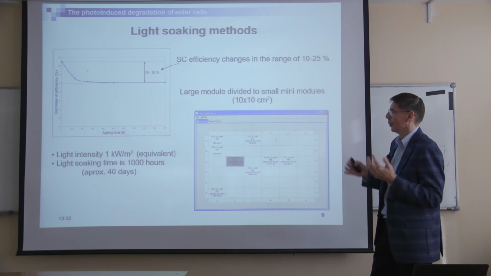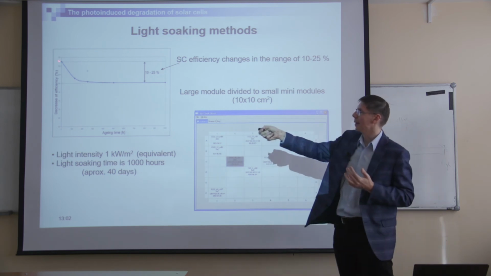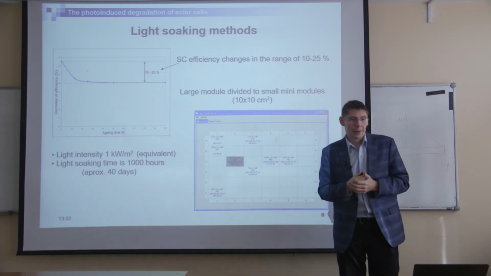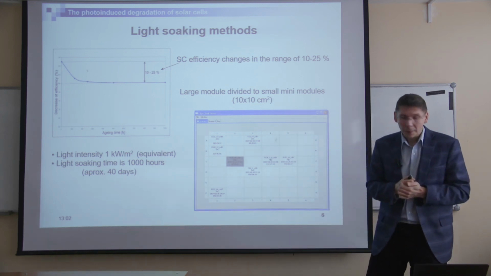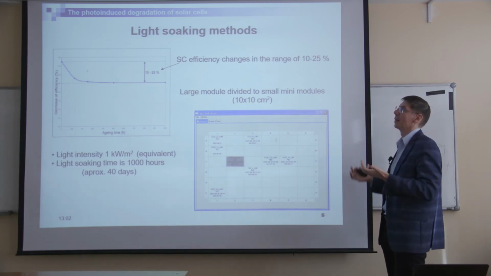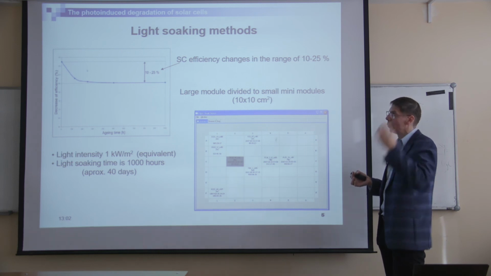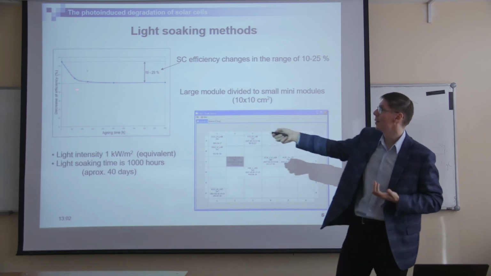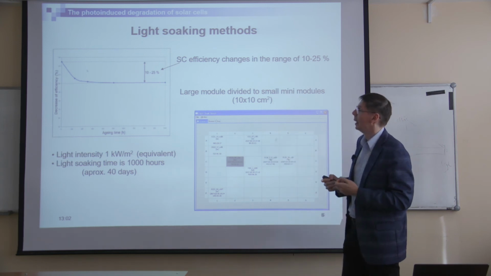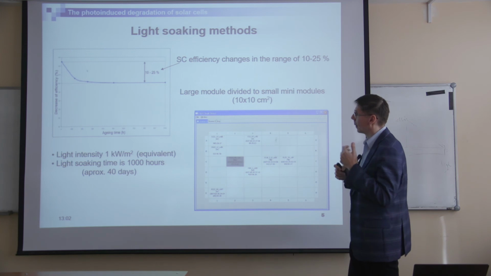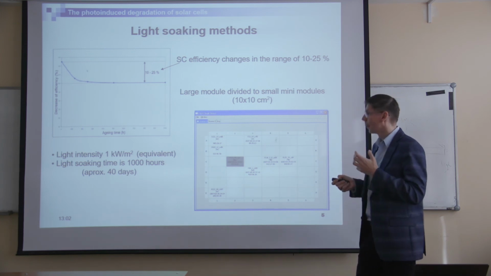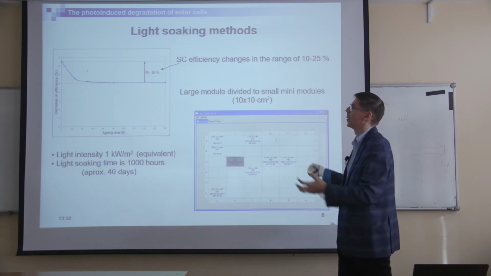Because as you see, there is a difference between initial and stabilized values, and any producer of these thin film modules has to specify the value of this so-called light soaked value, and there are some conditions that have to be met to stabilize and get this light soaked value.